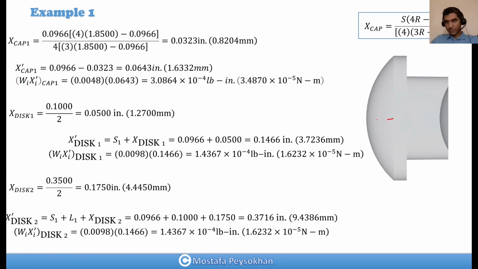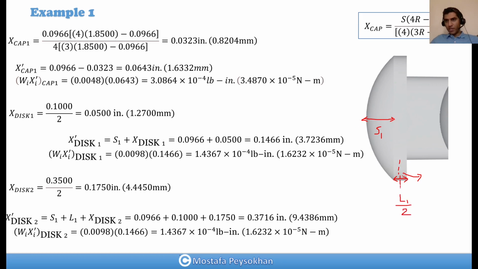Now again, let me make it a little bit more clear. This distance is S1, and the x of disk 1, the center of the gravity, is somewhere in the middle, which is L1 over 2.